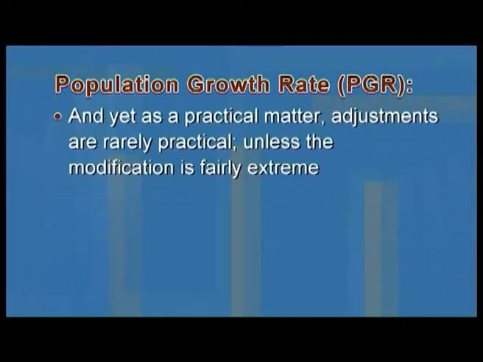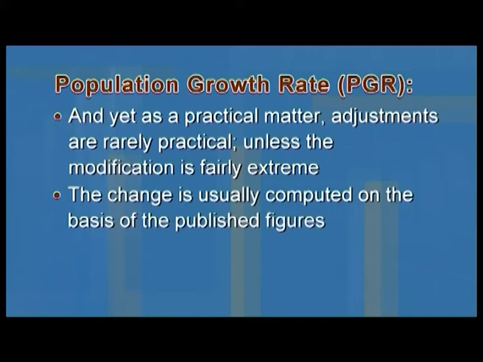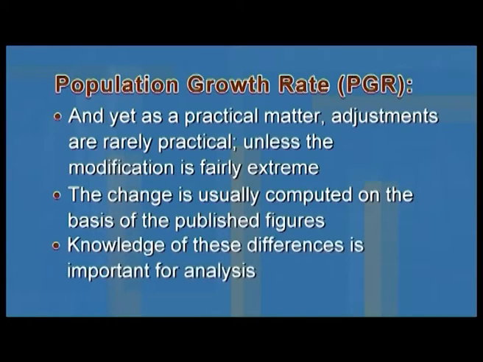And yet, as a practical matter, adjustments are rarely practical unless the modification is fairly extreme. The change is usually computed on the basis of the published figures. Knowledge of these differences is important for analysis.